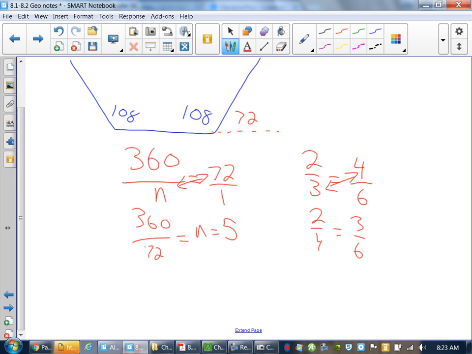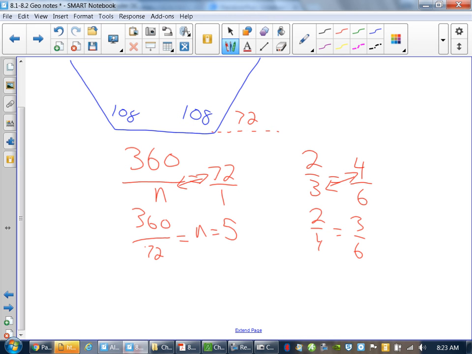This is a nice thing to remember, a little hint. Take 360 divided by the exterior angle, you get the number of sides.